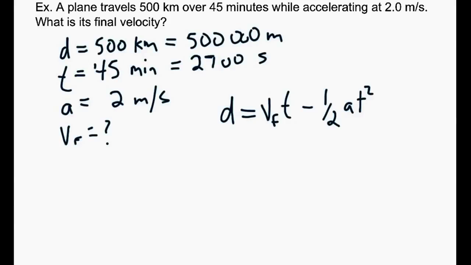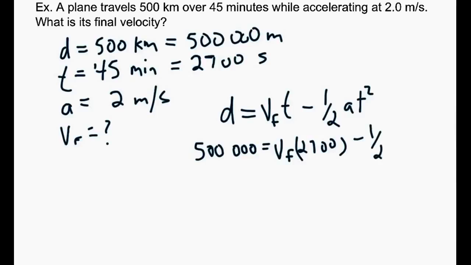So once again, let's plug in just the numbers. We'll have 500,000 for our distance. Our VF is what we're looking for. Our time is 2,700 minus 1/2 times 2 times 2,700 squared.